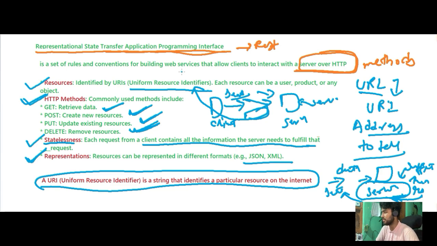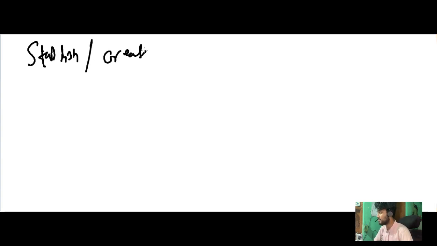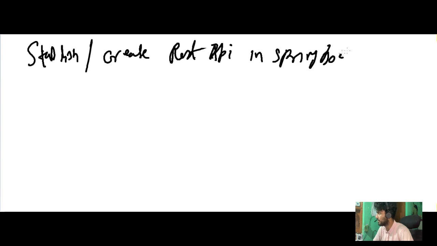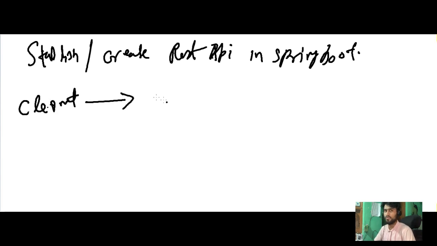Okay, now we need to understand how we can establish or create a REST API in Spring Boot. The flow is usually like this: the client sends a request.